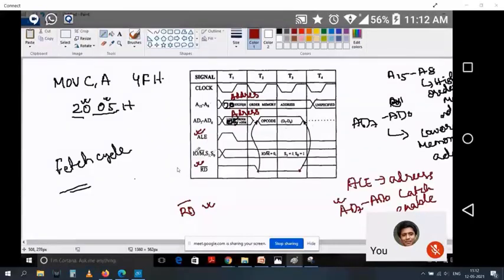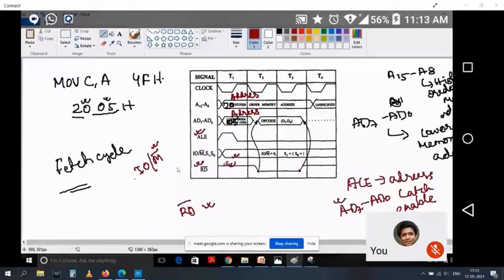And which operation, input, output or memory? It is a memory operation, right? Memory is low, input, output is high. So here I have put input, output as low. That means this is a memory operation and this is a read operation. So I am reading from the memory.